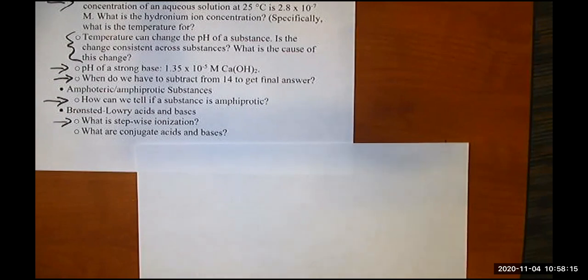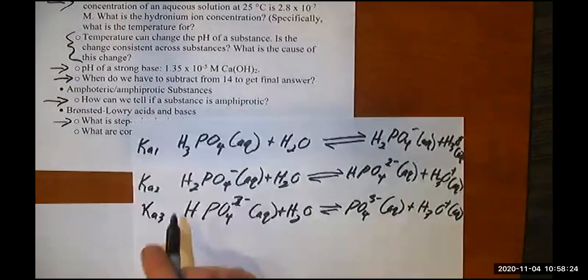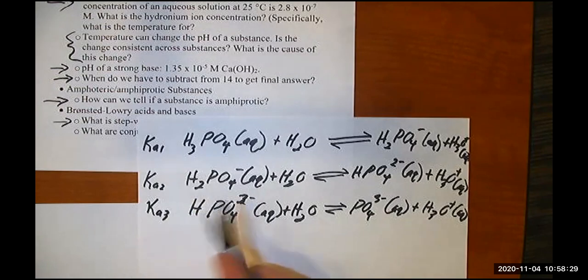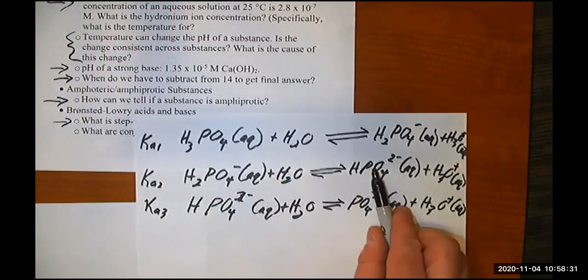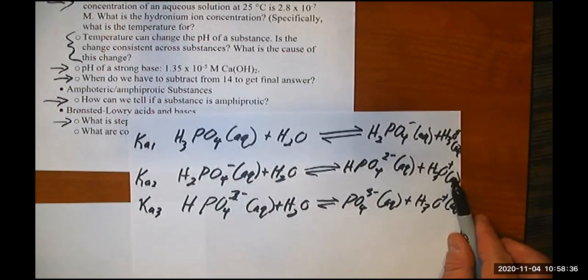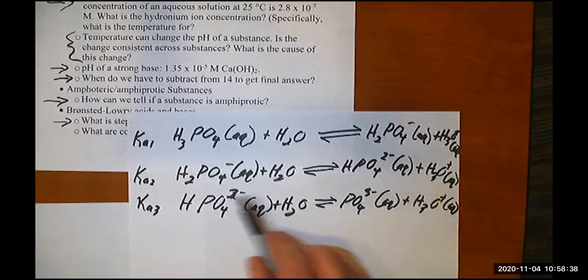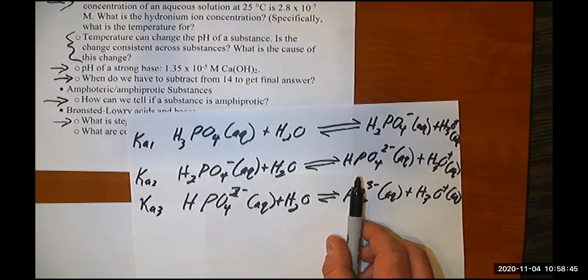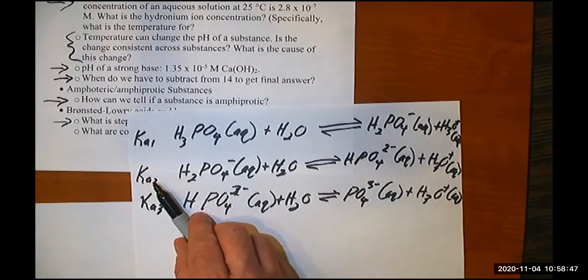A question in the chat, going back to the previous question. How do you find out if you have reasonable concentrations? Okay, so if you have the equilibrium constant here, and then you're given one of these two concentrations and the hydronium ion concentration by being told what the pH is, you can calculate what the other concentration of the two is, just by using the equilibrium constant expression for the acid constant you have.